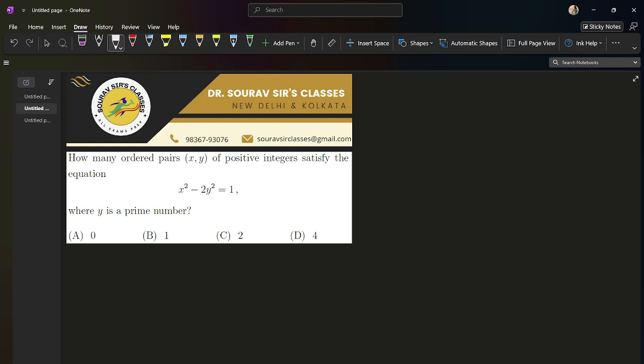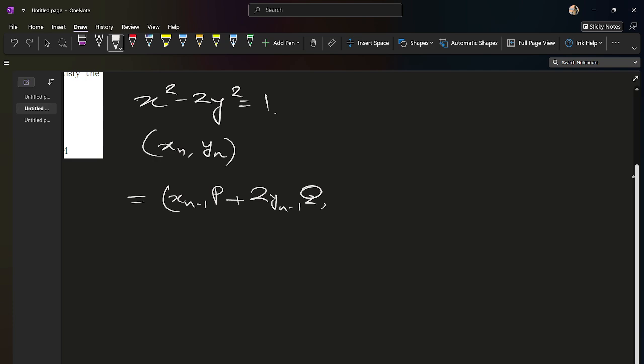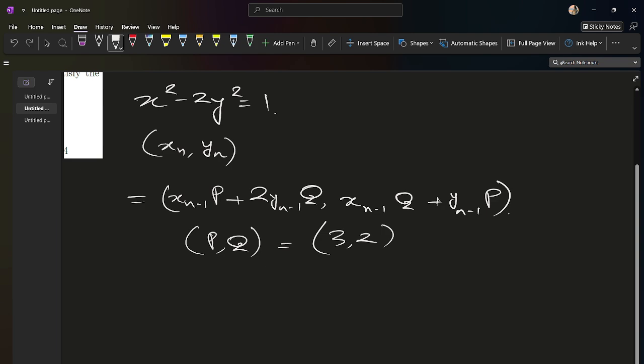The Pell's equation of the form x square minus 2y square equals 1 has infinitely many integer solutions given by xn, yn, which equals xn minus 1 p plus 2yn minus 1 q, comma, xn minus 1 q plus yn minus 1 p, where pq has to be the fundamental solution.